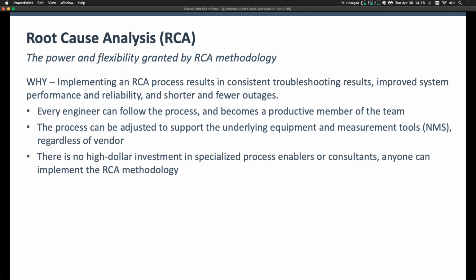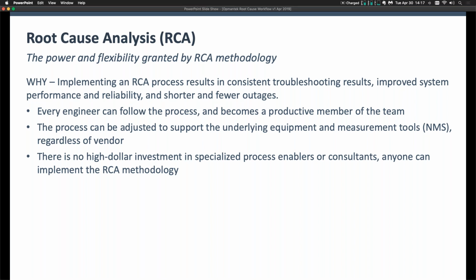So what kind of power and flexibility is really granted from applying an RCA methodology? Of course, we covered the pieces a moment ago, but really it comes down to helping every member of your engineering team become a productive member of the team. We often see very fragmented organizations that might be broken up into silos, server team versus networking team versus desktop team.